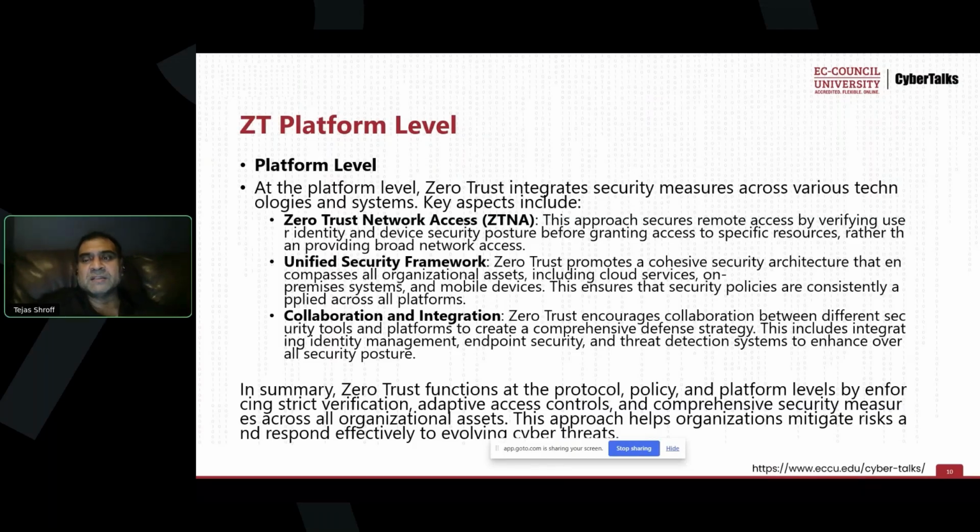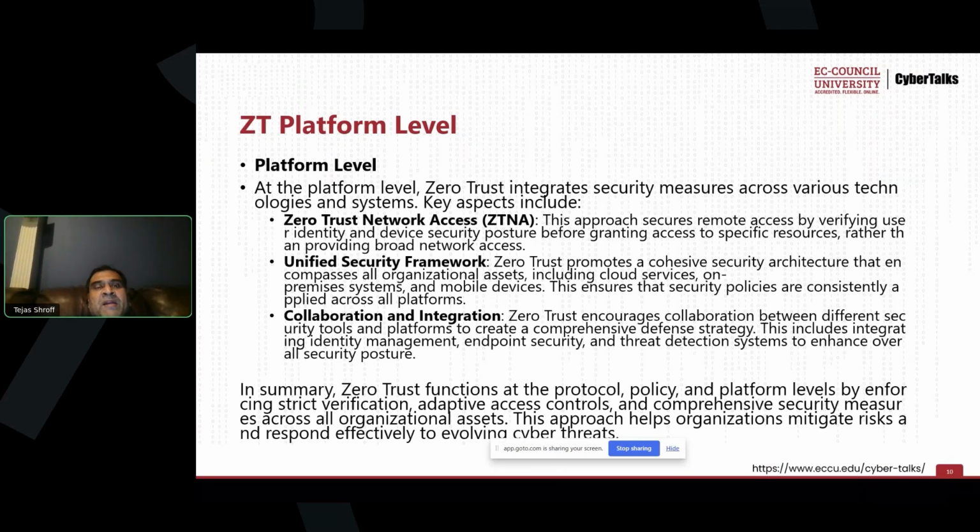Zero Trust also encourages collaboration between different security tools and platforms to create a comprehensive defensive strategy. So what does that mean? You want to integrate your identity management, your endpoint security, and your threat detection systems to improve your overall security posture.